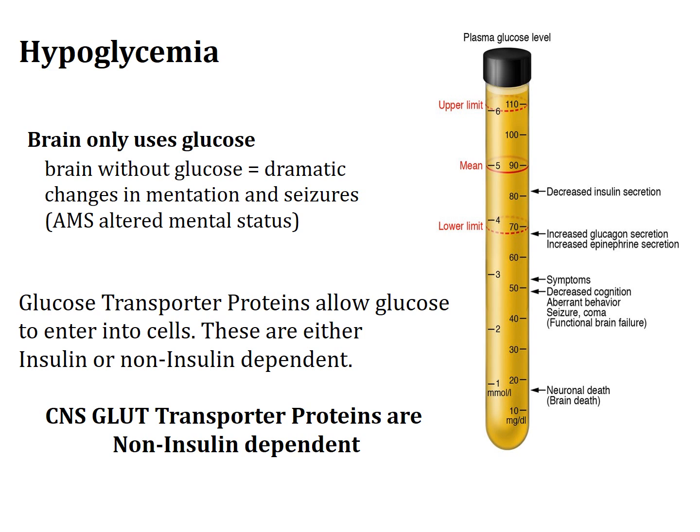So take a look at the test tube there, and you can see we talk about plasma glucose levels in terms of milligrams per deciliter, so we're working with the bigger numbers on the right side of the tube. Remember, normal glucose levels are typically between, say, 60 and 110, right?